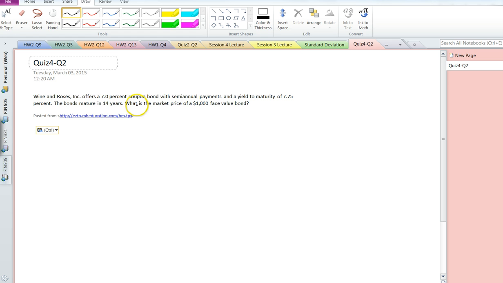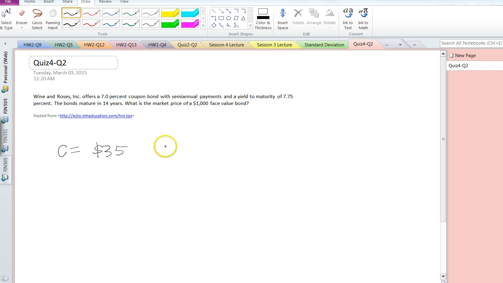So then we have to convert these numbers into the semi-annual numbers. So that means the semi-annual coupon payment should be 7.0% times $1,000 divided by 2. So that gives me $35.